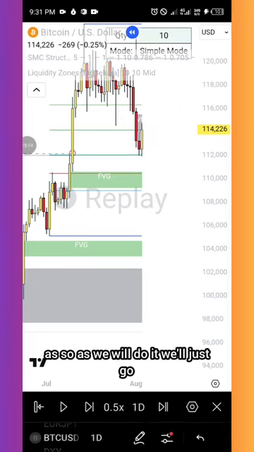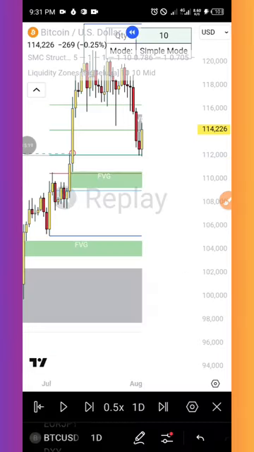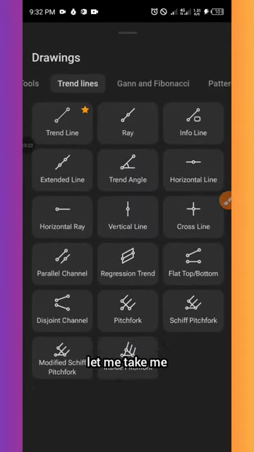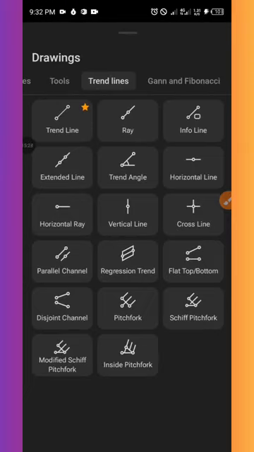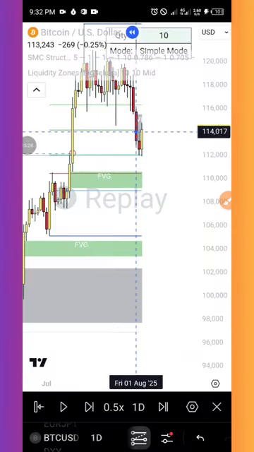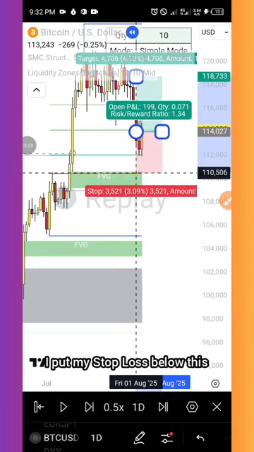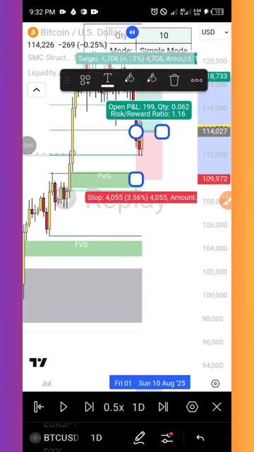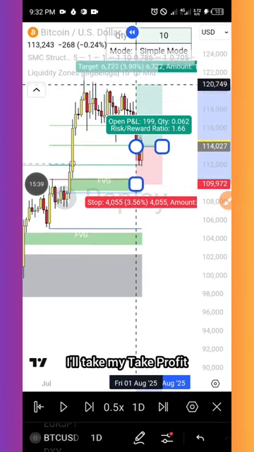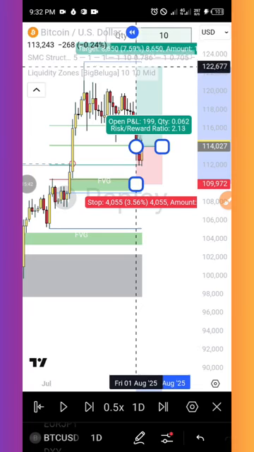As we do it, let me get my long tool. I put my stop loss below this, and take my take profit up to this zone here.